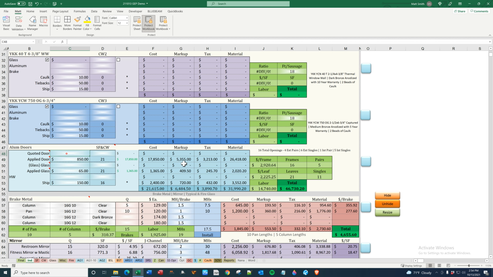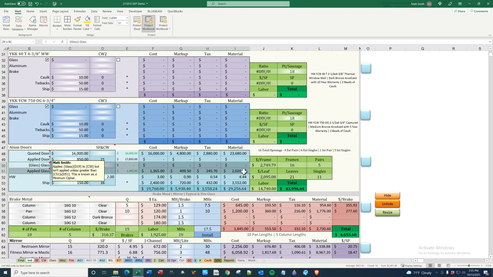The idea of a trump is, even if you put $1 in here, and just be careful understanding that if you put any value in this or this cell, it will trump the applied door. So just make sure that you have a reasonable number in there. You can then add your hardware, and that is an add cipher.